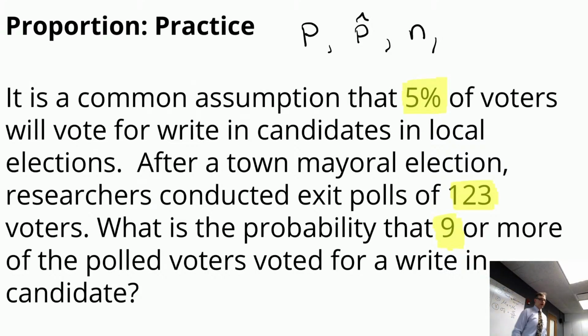So which one would you like? The first one, P. It says that a common assumption is that 5% of voters will vote for a write-in candidate. So this is what we believe to be true for the whole population. That's the population proportion, so we're going to use the P right there. So that's going to be P.